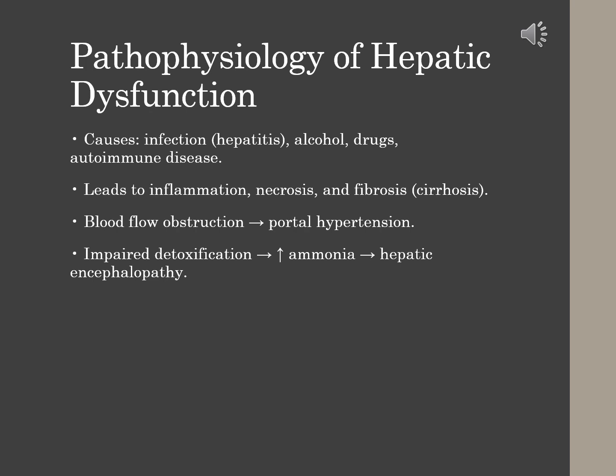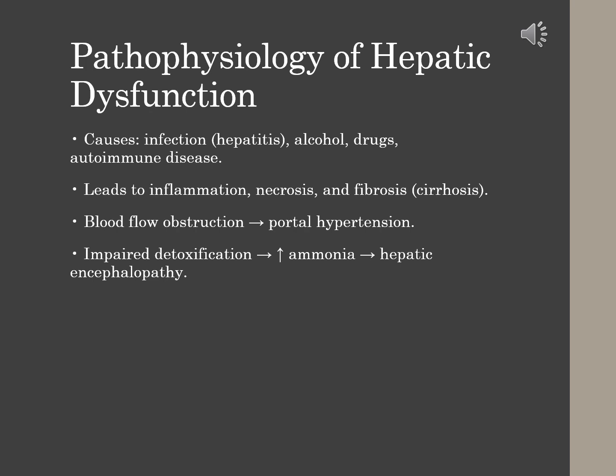So that liver starts to build up scar tissue and becomes non-functional. So we have a loss of complete hepatic function. Now, some of the cells can regenerate, but once you lose a certain percentage of your function and a certain amount of liver tissue, that liver is going to fail at doing what it needs to do.